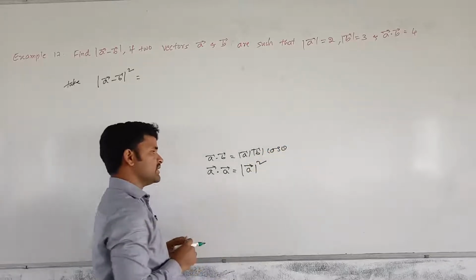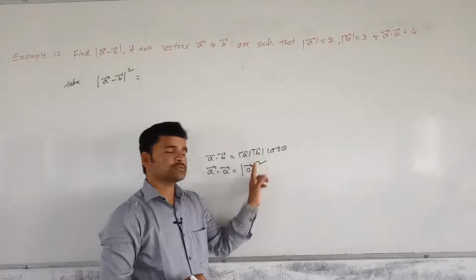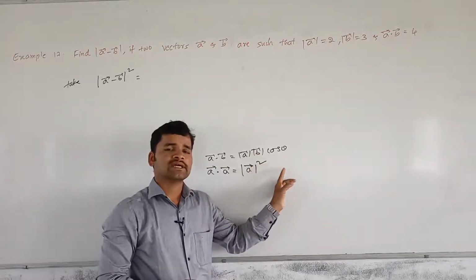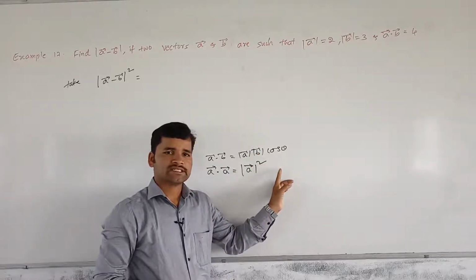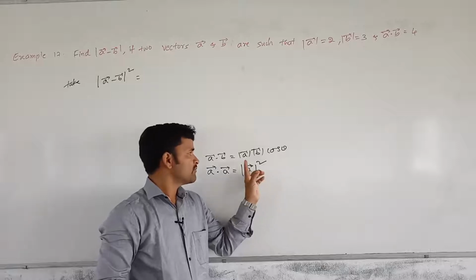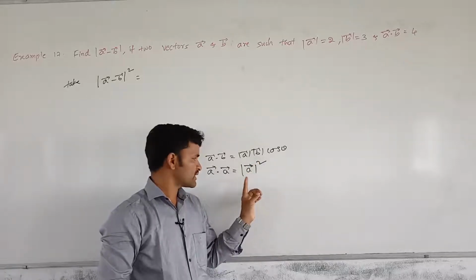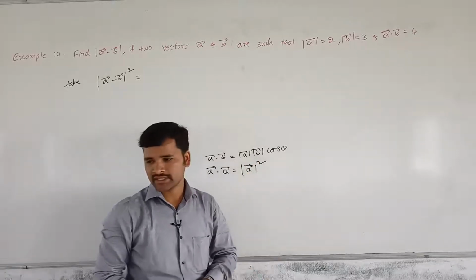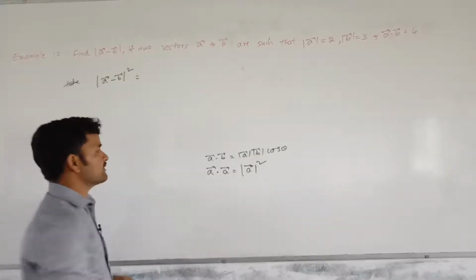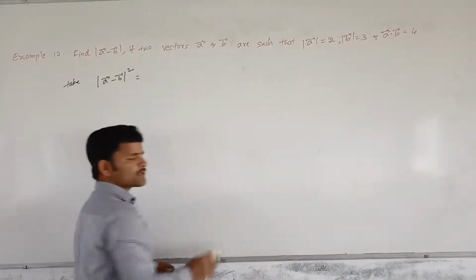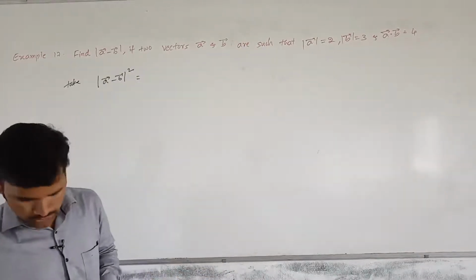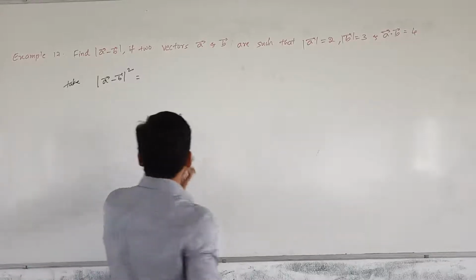A dot A is magnitude of A into magnitude of A into cos 0, since the angle between A and A is 0, and cos 0 is 1. So that will be magnitude of A square. That is the standard formula we know. This formula A dot A is equal to magnitude of A square we will apply here.